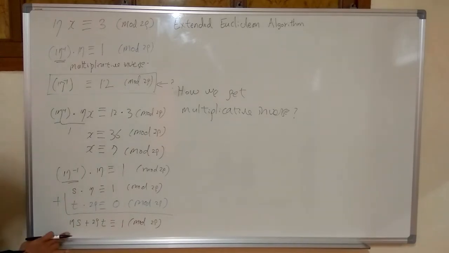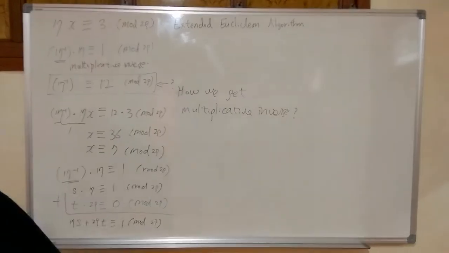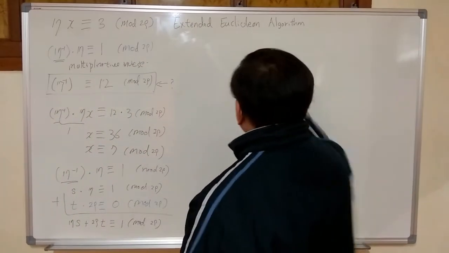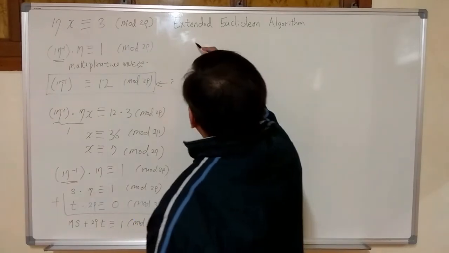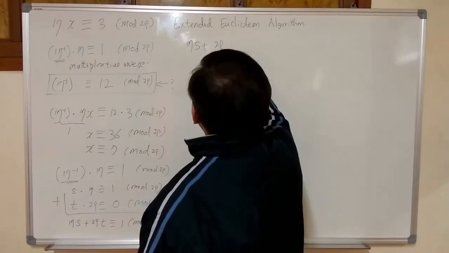I will write this equation here once again: 17s plus 29t ≡ 1 mod 29.